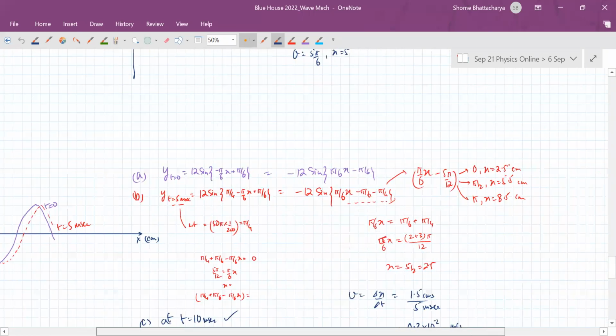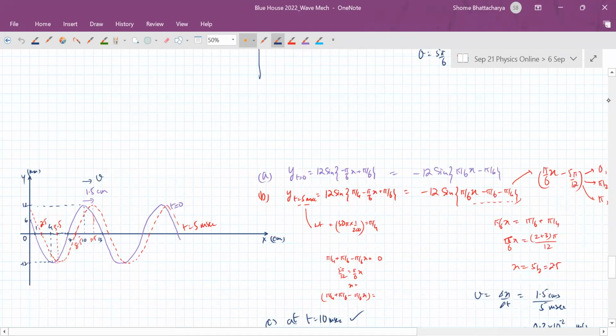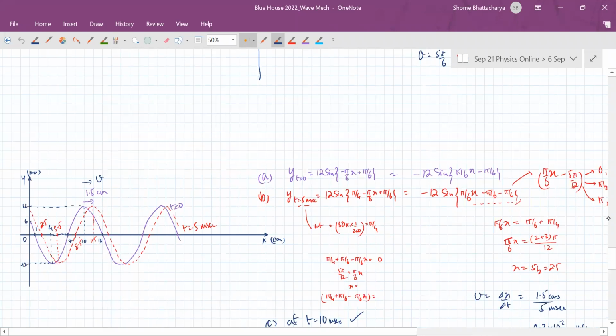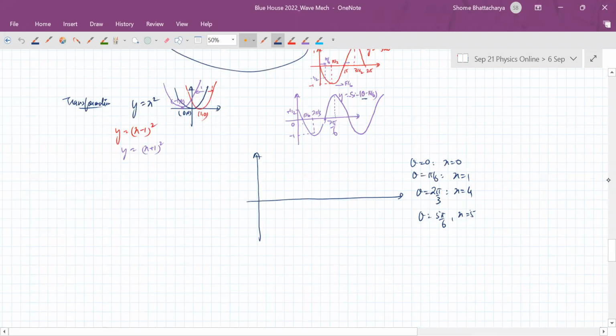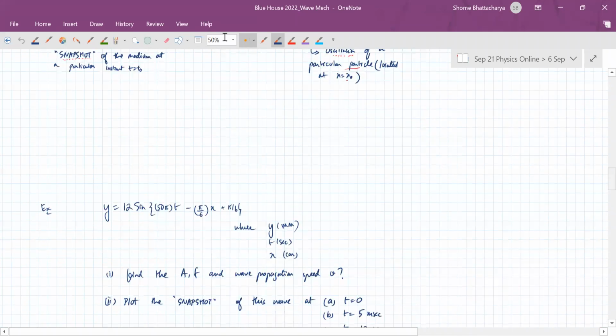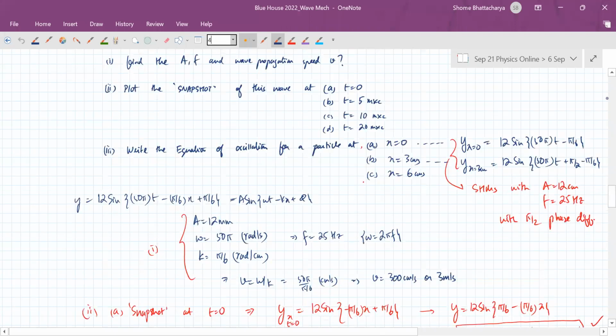Okay, so you're discussing about this particular wave and the snapshot picture at various times. So this was the question we were discussing.